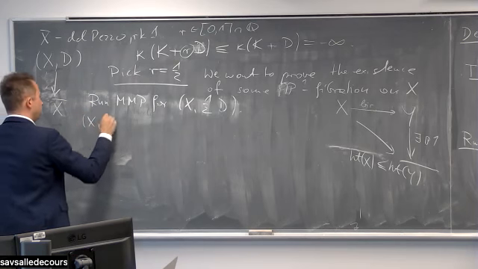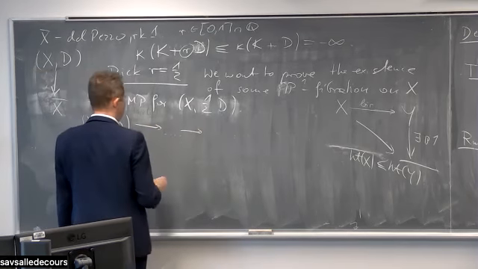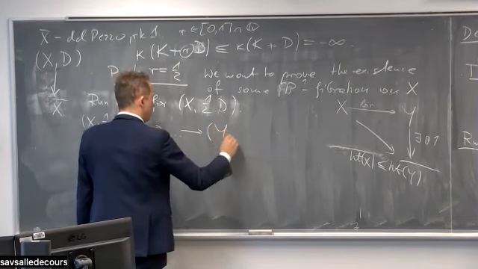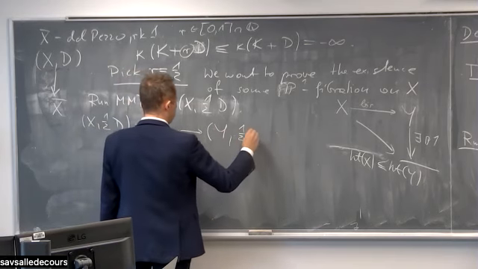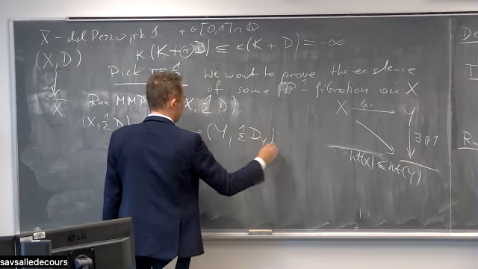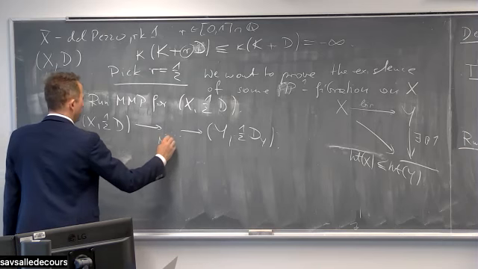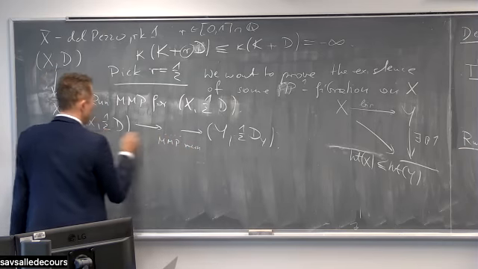Okay, so we have this thing. I'm having some sequence of contractions, and at the end, I have some final model. Let's call it, I don't know, D1. This is MMP, but for this specific boundary.